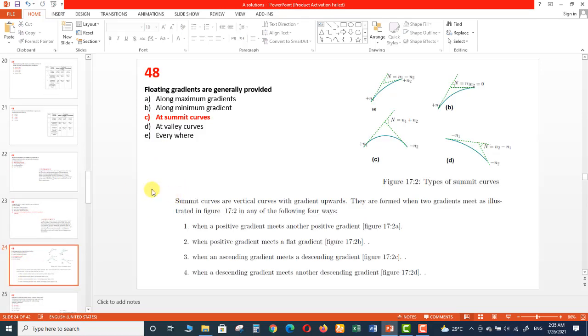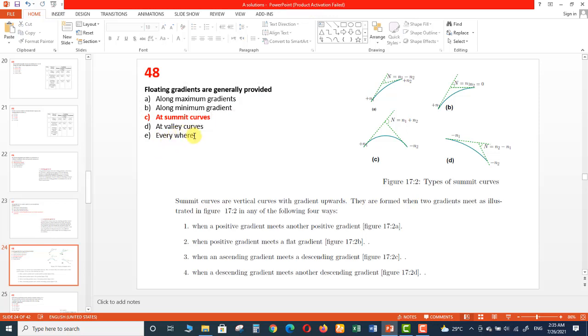Next question is 48. This question is related to floating gradient, and floating gradients are generally provided along maximum gradients, along minimum gradients, at summit curves, at valley curves, or everywhere.